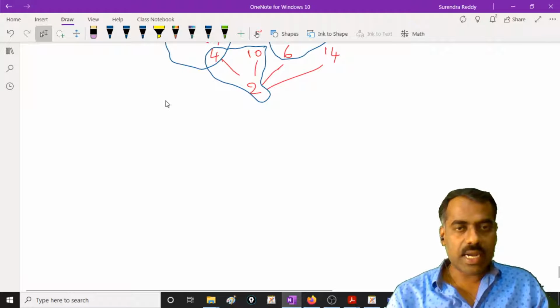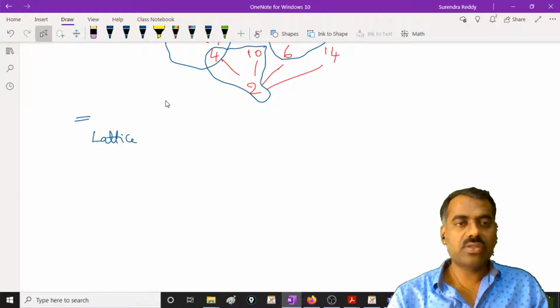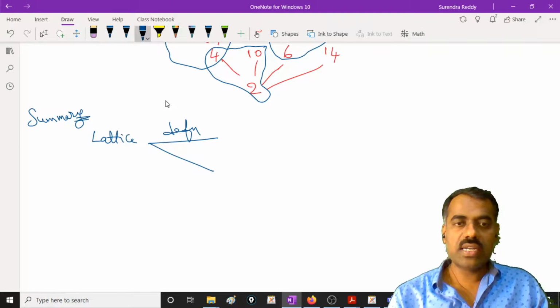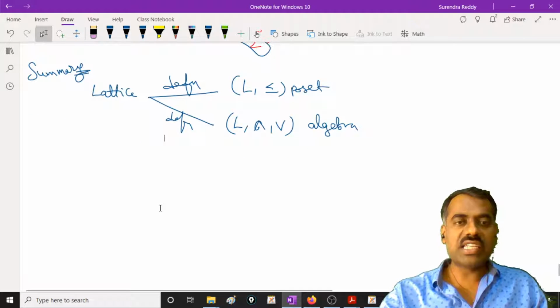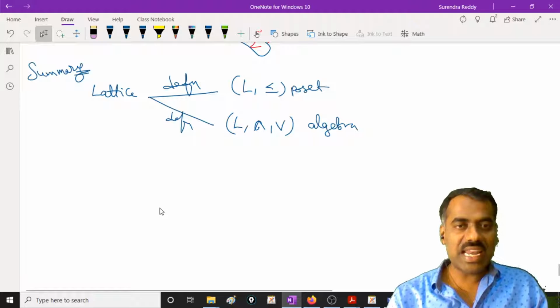This concludes this small section, in which we have seen what a lattice is. So I can write a summary here. In the summary, we have seen a lattice with two definitions. One as a poset, then as an algebra. We have seen two equivalent definitions, and we have discussed the relation among these two.